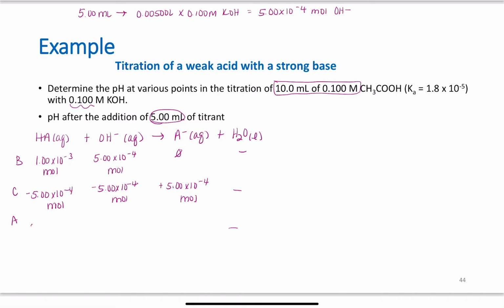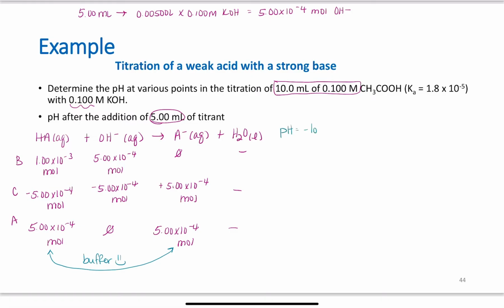Do the subtraction, and at the end you have 5.00 times 10 to the minus 4th moles of your weak acid, you have none of your base left, and you have 5.00 times 10 to the minus 4th moles of your conjugate base that you have now produced. And hopefully you recognize you again have a buffer, so we will again be using Henderson-Hasselbalch.